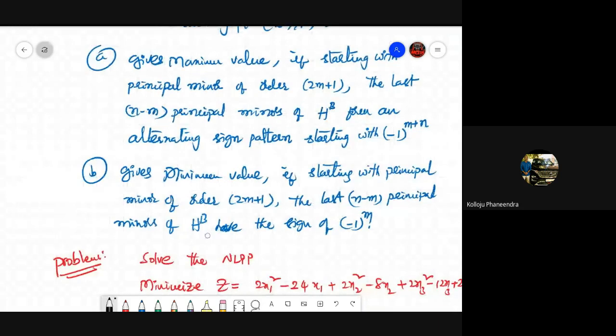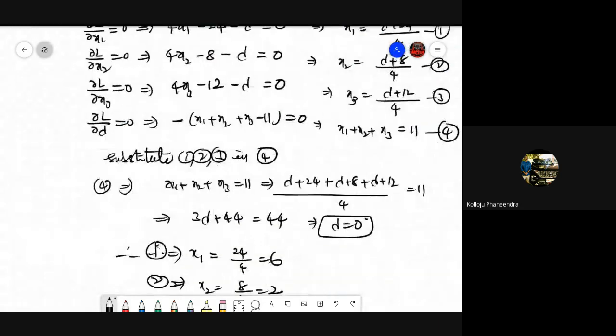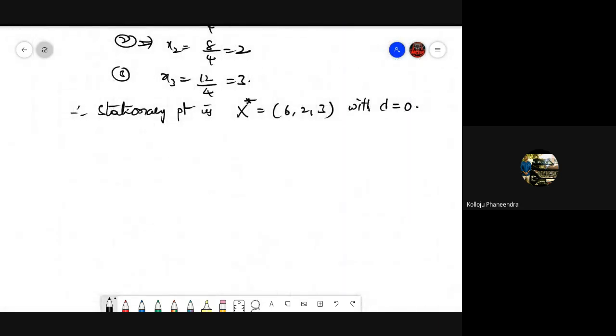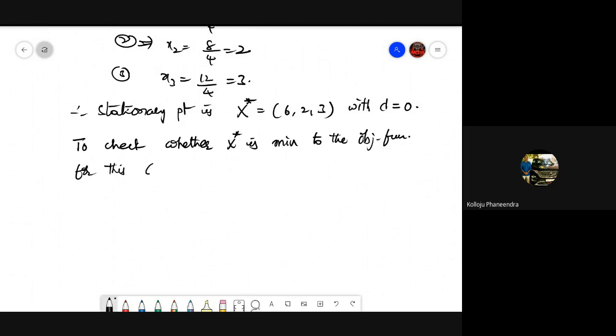Now, to check whether x star gives a minimum to the objective function, for this, construct delta n plus 1, with n value 3 here, so this becomes delta 4.